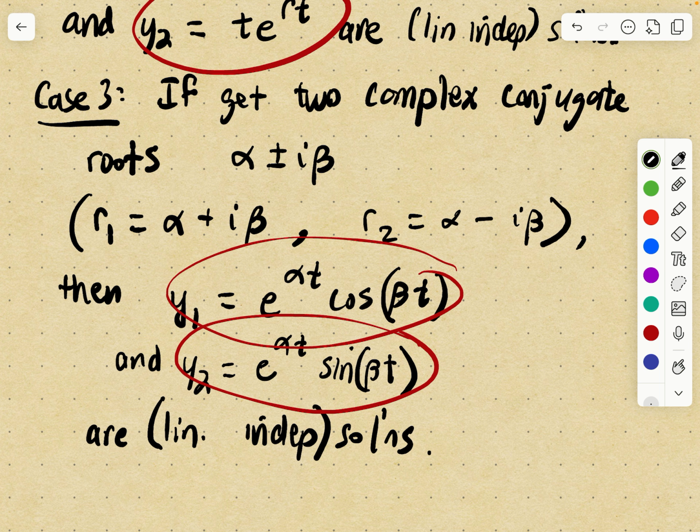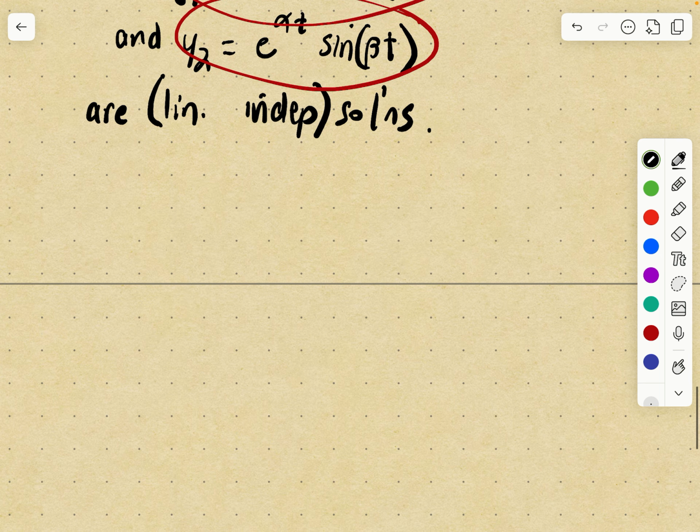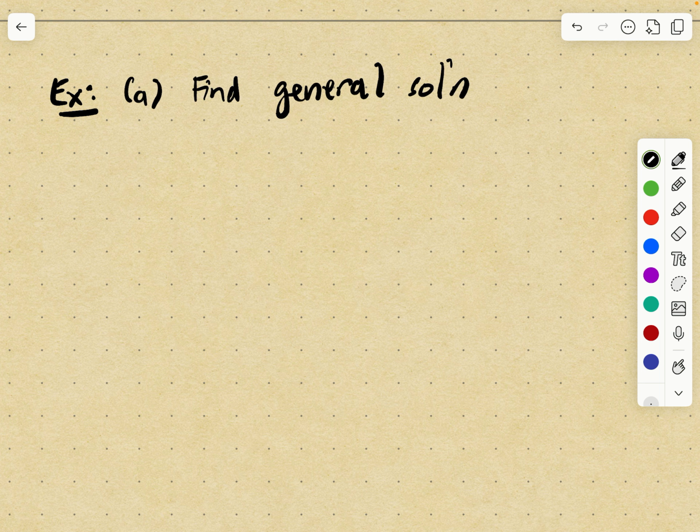All right, let's look at some examples of this. Part A says find the general solution of the differential equation y double prime plus 9y prime plus 18y equals 0.